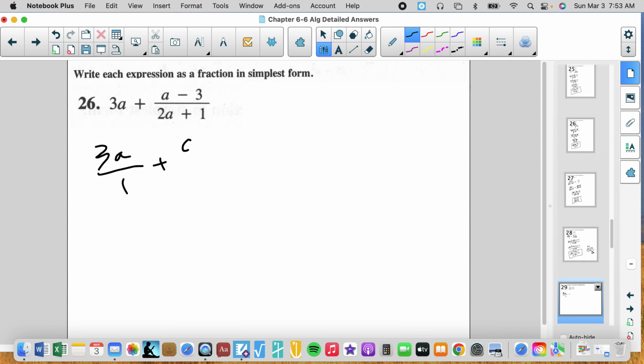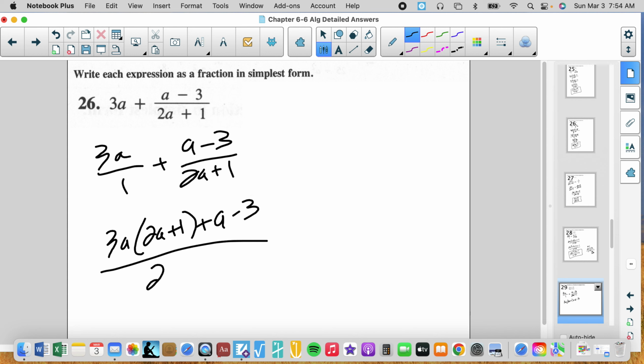3 over 1 over a minus 3, 2a minus 3 over 2a plus 1. We have 3a times the quantity 2a plus 1 plus a minus 3 all over 2a plus 1.